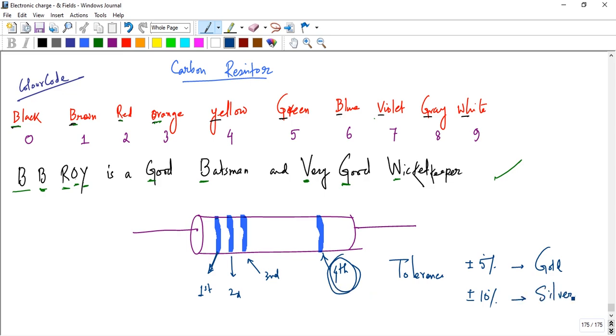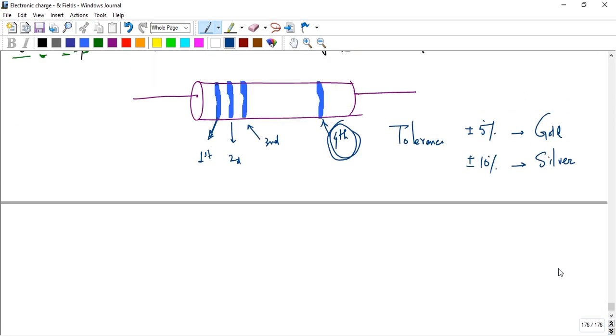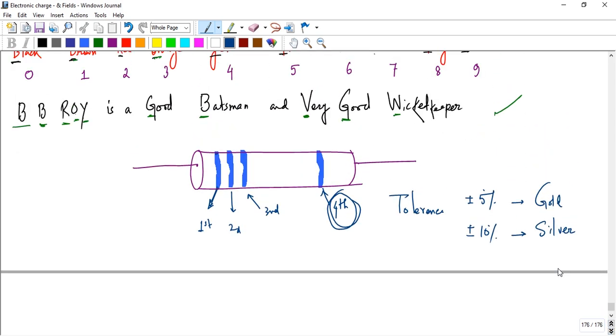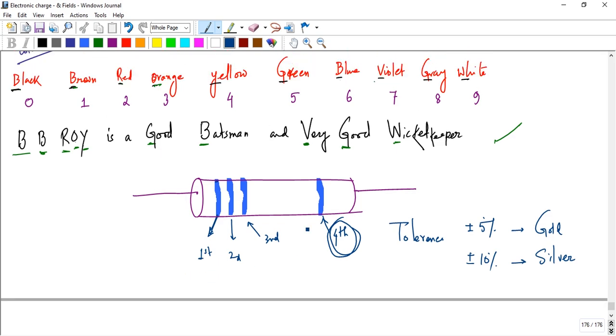Okay, and how to calculate the value? Suppose the first color is red, the second orange, and the third yellow. The first color red, code is 2. The second color orange is 3.